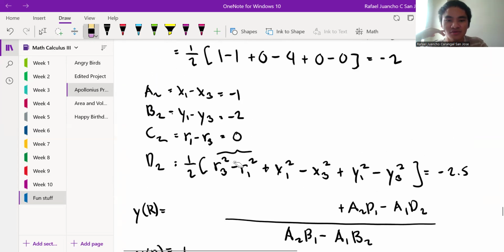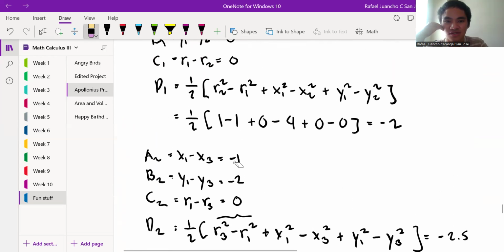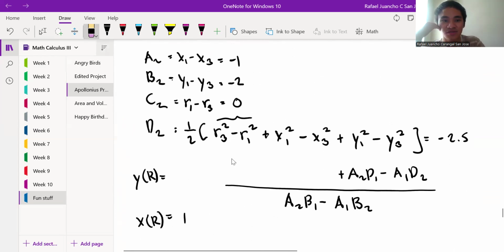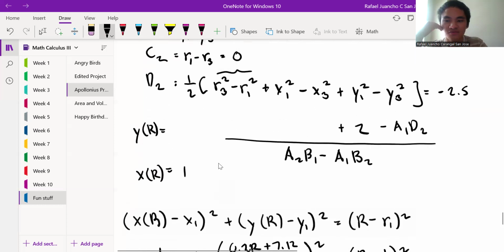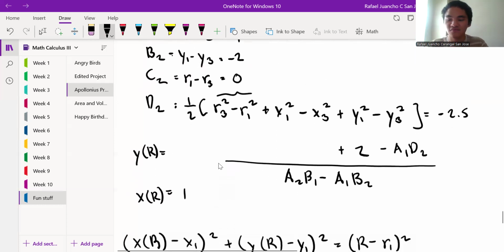My A2 D1, negative 1 times negative 2 is actually positive 2. So this is 2. A1 D2, so negative 2 times negative 2.5, I just get minus 5 in this case. So here I get 2 minus 5, I get negative 3.